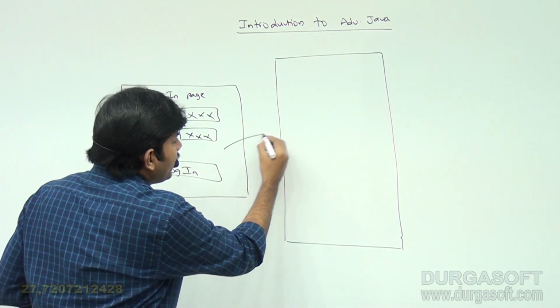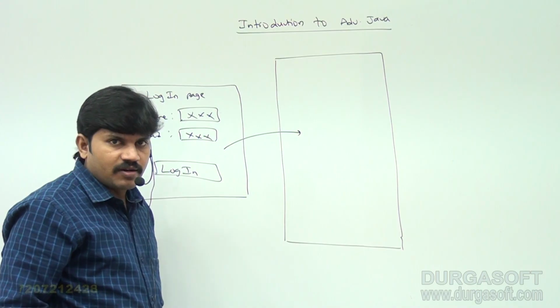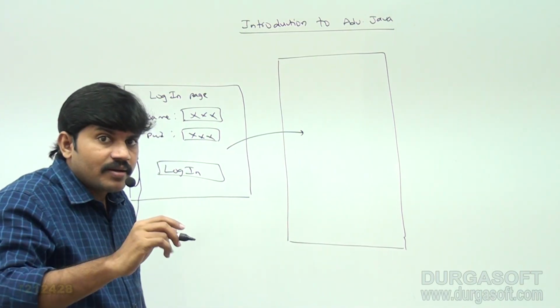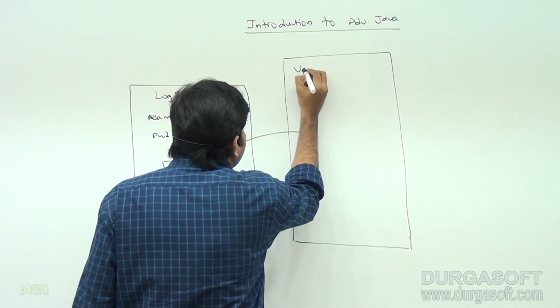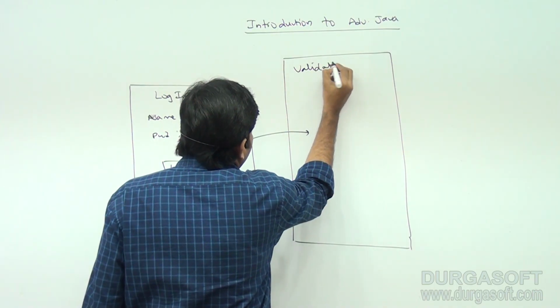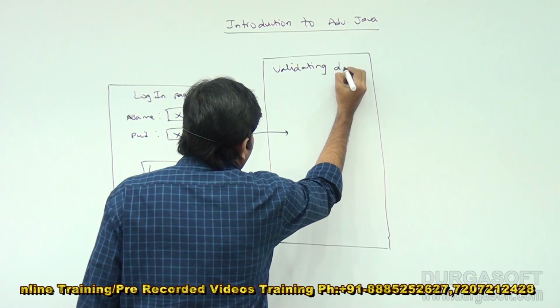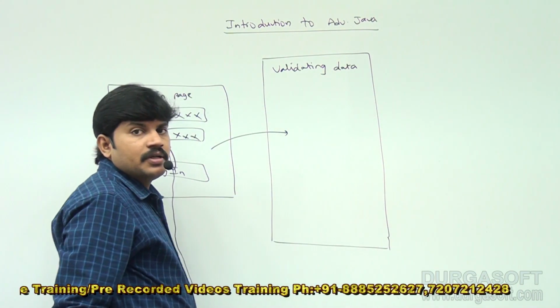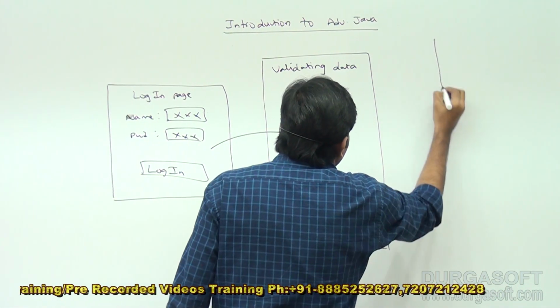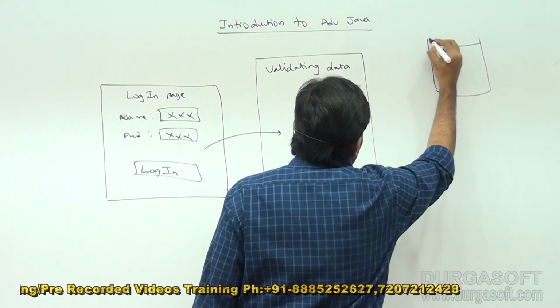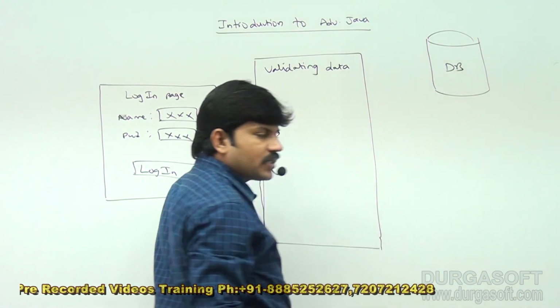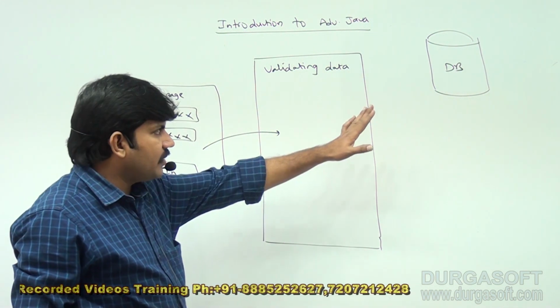Now in the server, someone is validating the data, validating the username and password. He may need to communicate with the database. Assume that all usernames and passwords are there in the database, right?